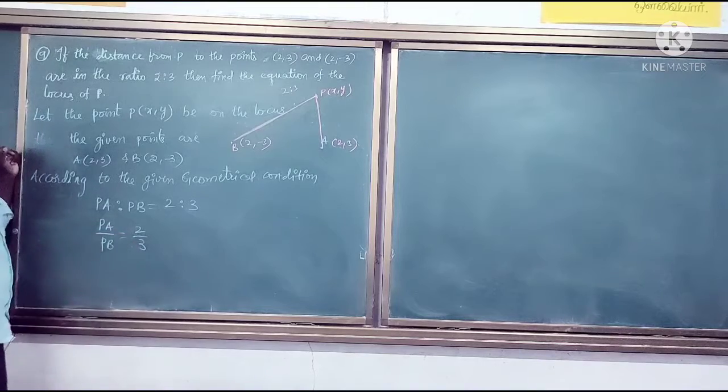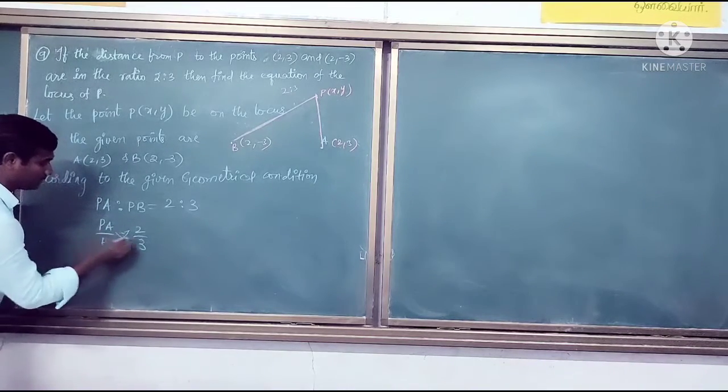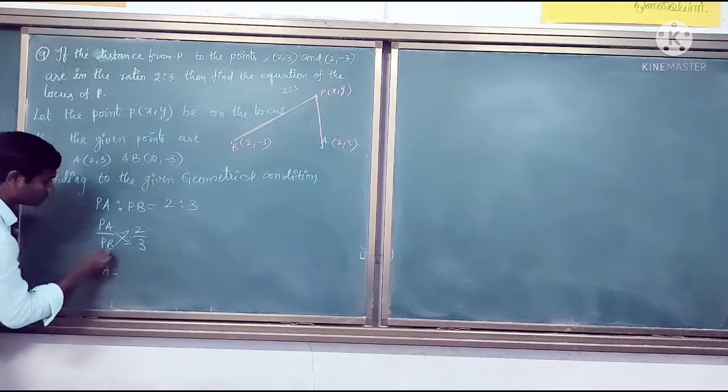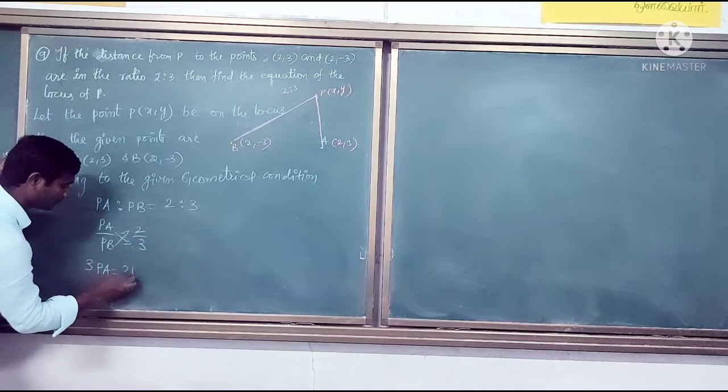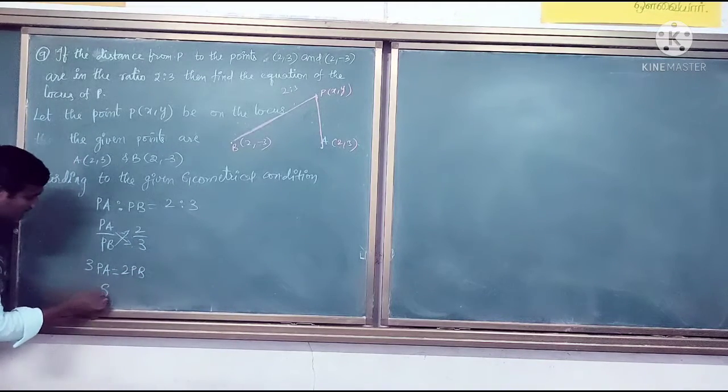So do the cross multiplication now. It becomes 3PA equal to 2PB. Now do the squaring on both sides.